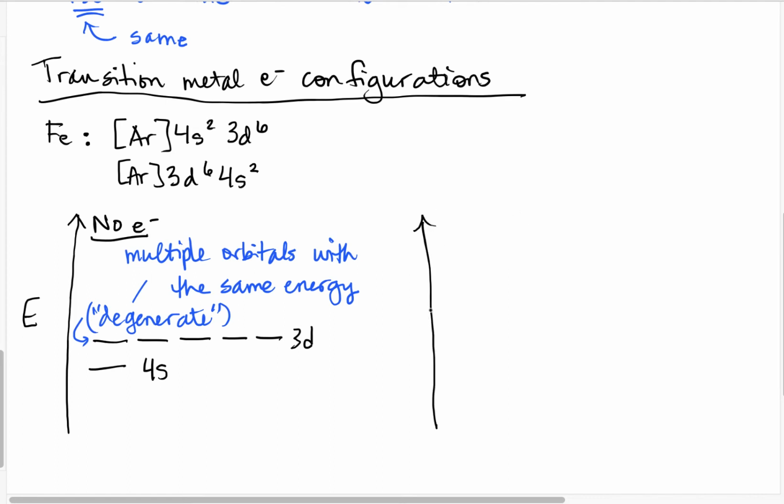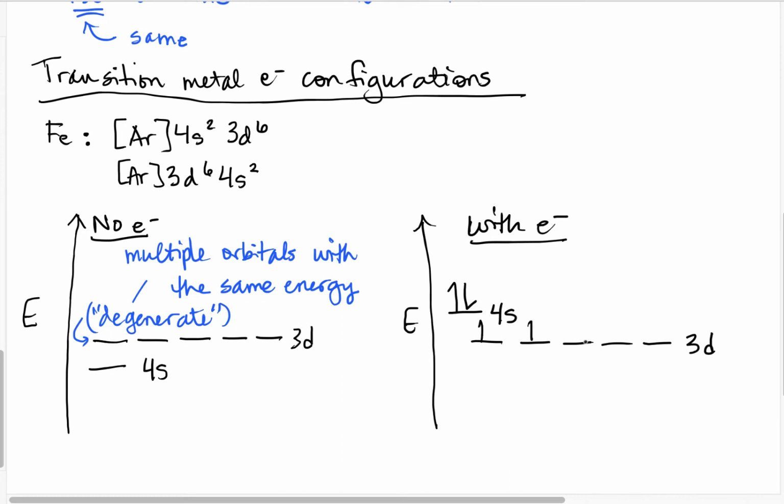Okay, so this is where we have no electrons in these orbitals. As soon as we put electrons in these orbitals, the 4s orbital actually ends up slightly higher in energy than the 3d orbital. So this is with electrons in it. If we were thinking about iron, then this would be the orbitals before we put the electrons in, but once we put those electrons in, those 2 4s electrons are actually higher than all of those 3d electrons.